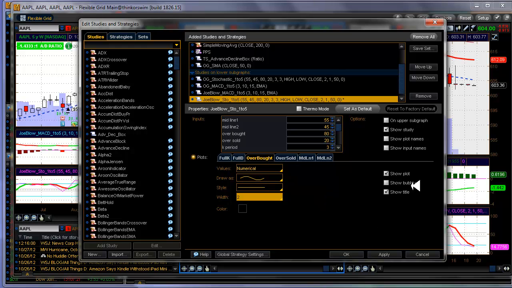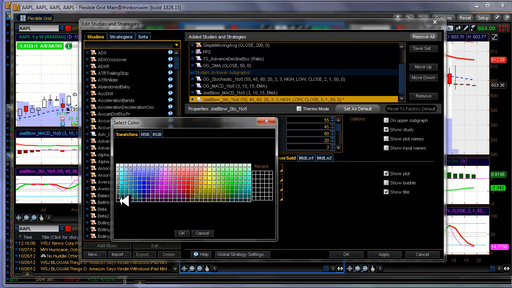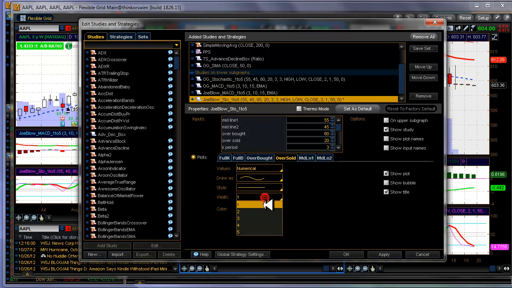I think that's 2 pixels, I'm not sure. And I want to change the oversold, and the oversold of course is the 20% level, or 20 level. I'm not sure if it's a percent or not. We'll change that to black and change that to 2 also, and then we'll hit apply.